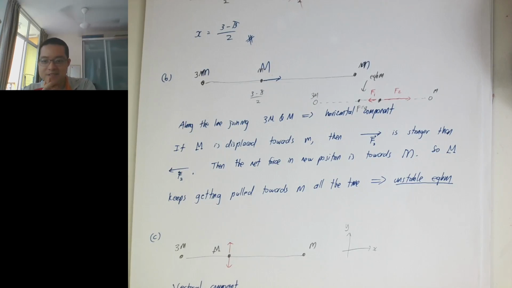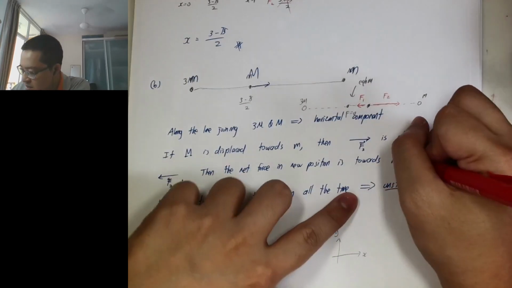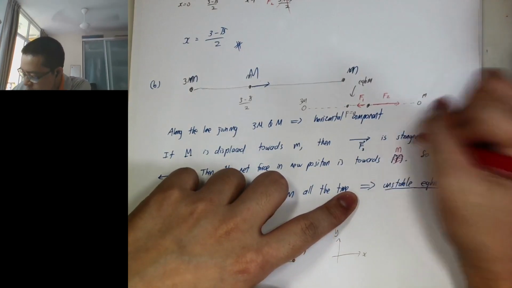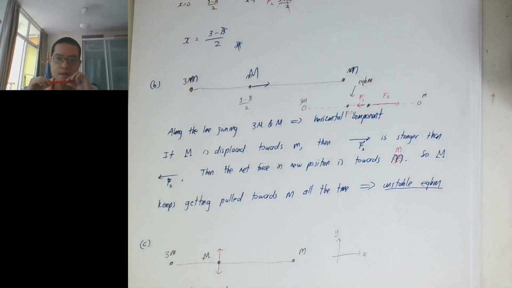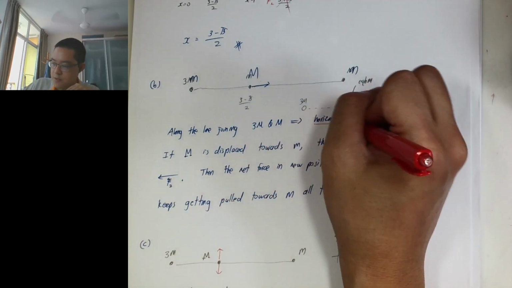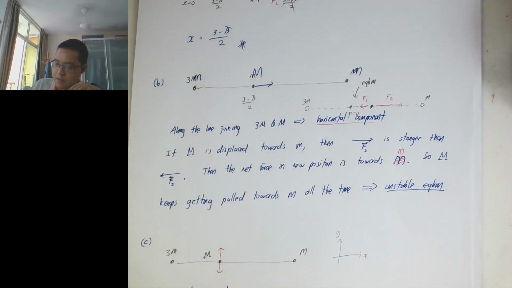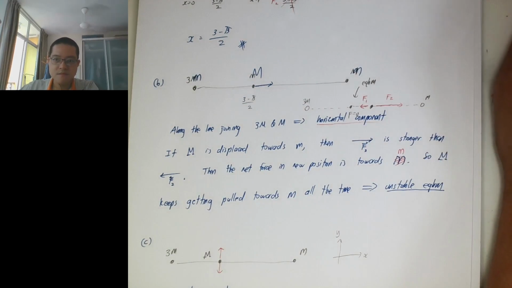Okay, so you get it now? Oh, my handwriting here is ugly. This is little m. Yeah, horizontal component. This is the vertical component. Your eyesight. Oh, is it? Yeah.